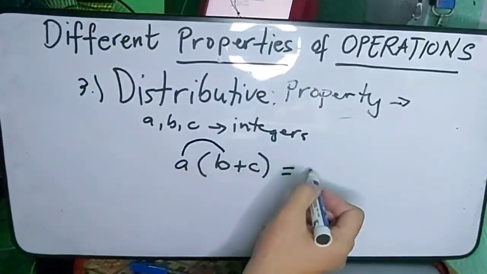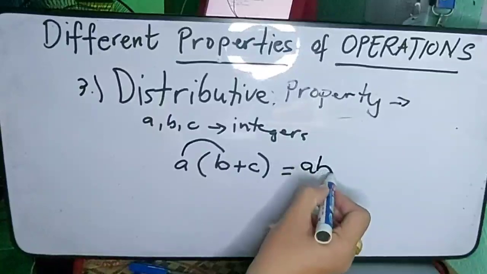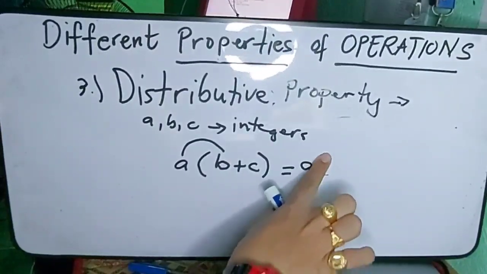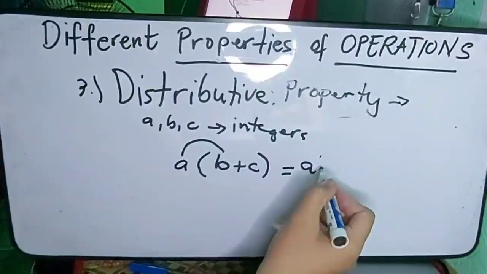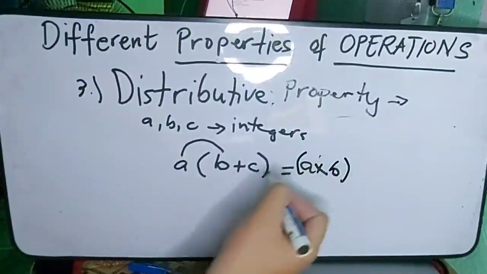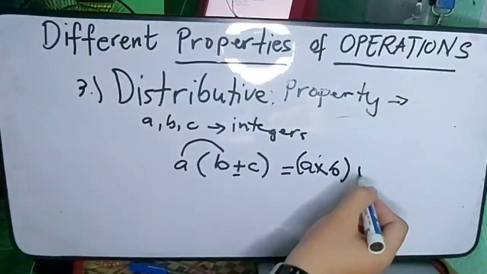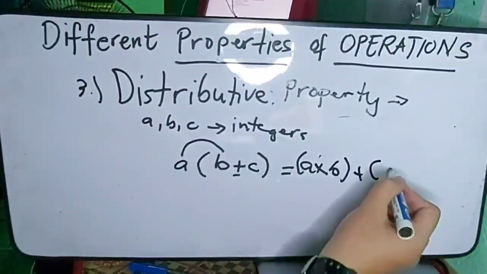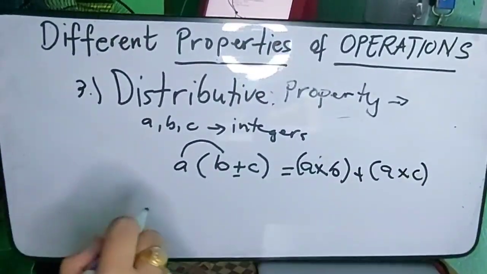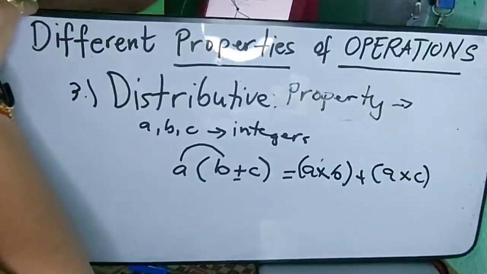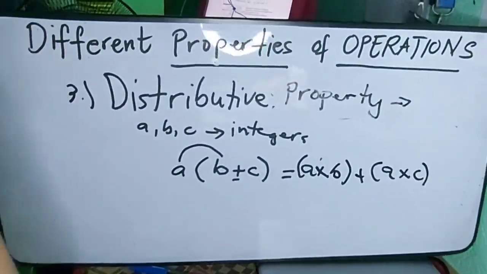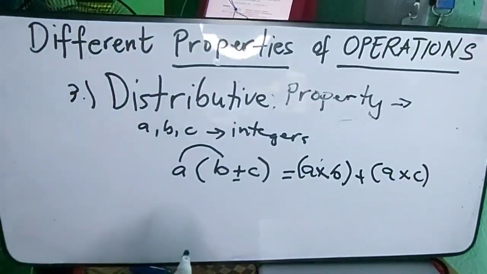A times B, plus A times C. So that is what we call distributive property over addition.